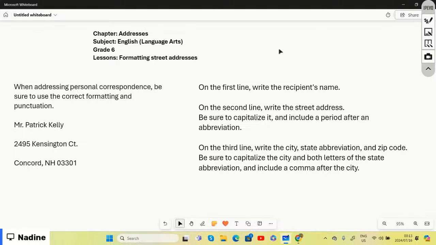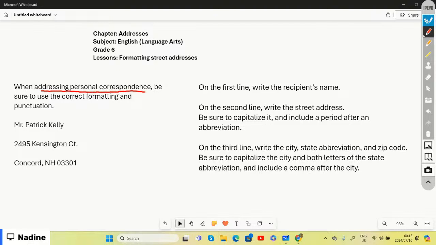All right. So now when it comes to writing our addresses, when addressing personal correspondence, we need to be sure to use the correct formatting and punctuation.